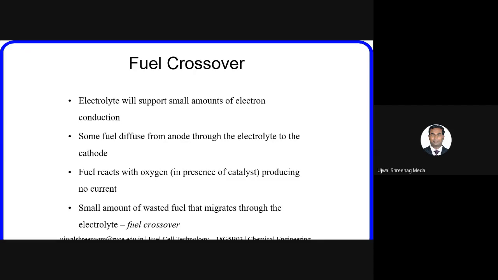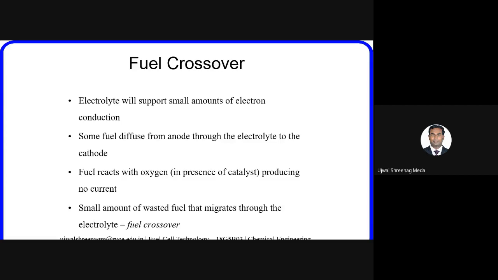And coming to the internal current part of it, ideally the role or job of the electrolyte is to conduct ions. In an acid electrolyte fuel cell, it is protons. The protons that are generated at the anode will pass through the electrolyte and reach the cathode. So the role of the electrolyte is to conduct those protons, that means only ions.